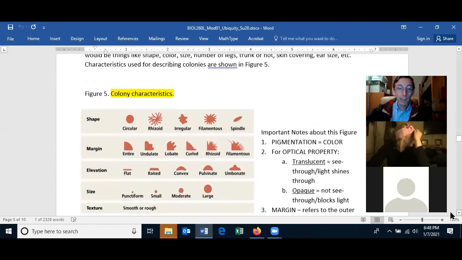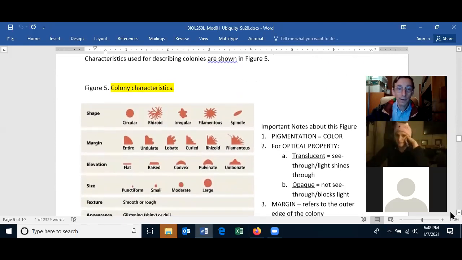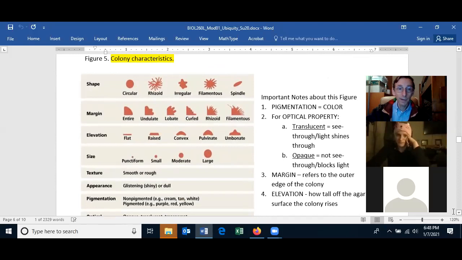You do need to be able to distinguish colony characteristics, and this figure 5 shows you the different colony characteristics. The shape, what the shape of the colony looks like. The margin, that's what the edge of the colony looks like. So entire margin is one of like a circular colony where the margin is entire. Then the margin is undulate, lobate, curled, rhizoid, filamentous.